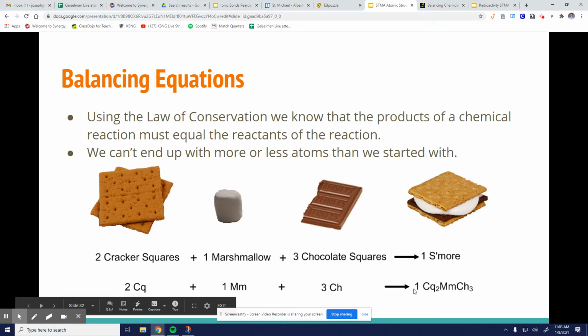So the coefficient in front means how many of all of this compound together we have. The subscripts mean those individual pieces. So 2 cracker squares. There's 1 marshmallow, so there is no subscript there. And 3 chocolate squares, because 3 chocolate squares go into 1 s'more. That's a really simple example, and we're going to look at another simple example here in a second.